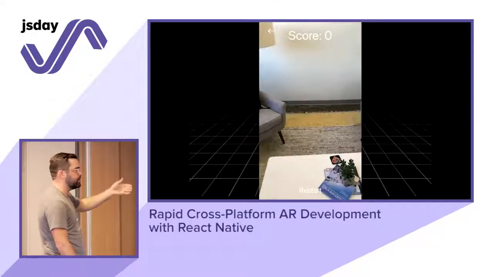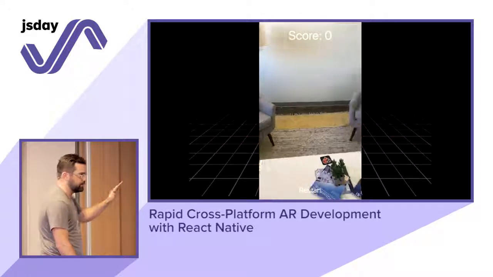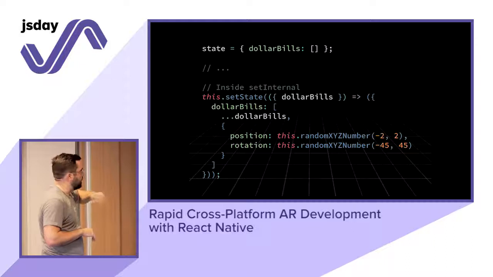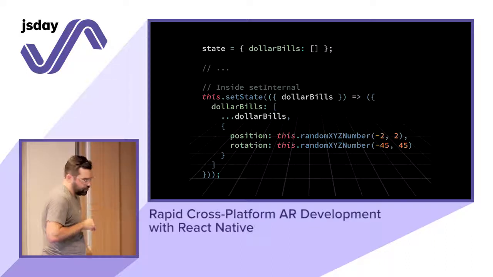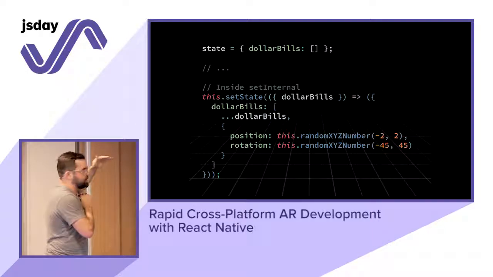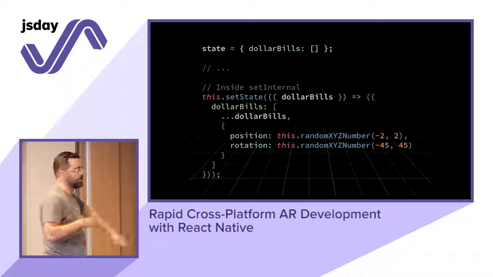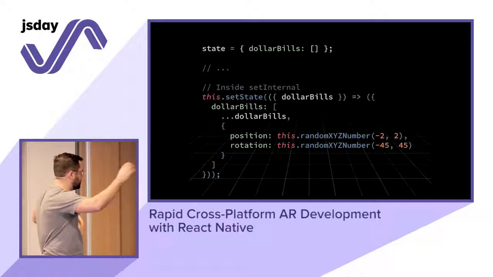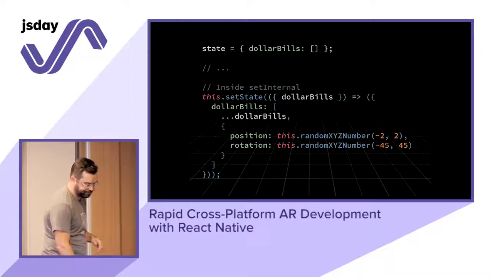In order to actually create the dollar bills in the scene, first I'm going to keep an array of dollar bills in state, and then I'm going to randomly create a dollar bill with a randomly generated position and rotation. That function is put into a set interval that's called every single second. So there are going to be a lot of dollar bills accumulating all around me over time.